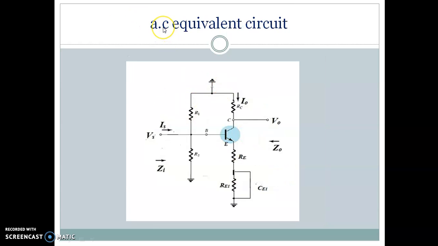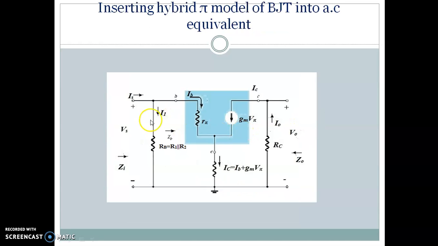I have replaced the transistor to measure the small signal model. I have taken the AC equivalent circuit. You can see that the bypassing capacitor is shorted, and the coupling capacitors are shorted. Now replace the transistor with the hybrid pi model. So RB is equal to R1 parallel R2, and this is the resistor RE, where the current through this is IB plus Gm times V pi, and this is the RC.